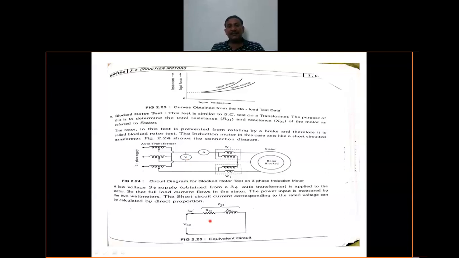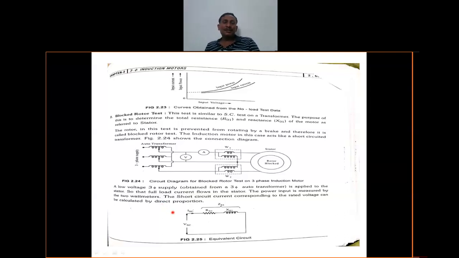Here, what parameters can you calculate from this test? R01, X01, and the resultant of these two, that is Z01. Here this is VSC, ISC. Now this is the main process of conducting the block rotor test.